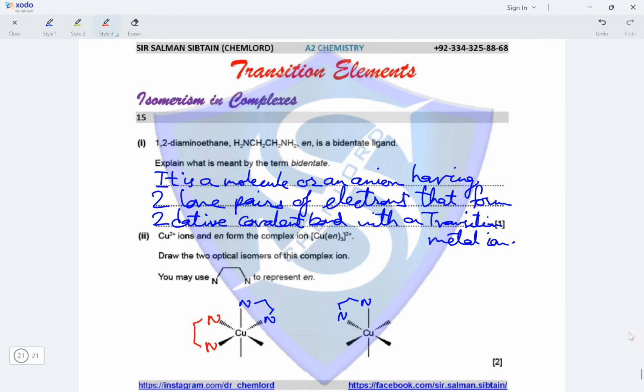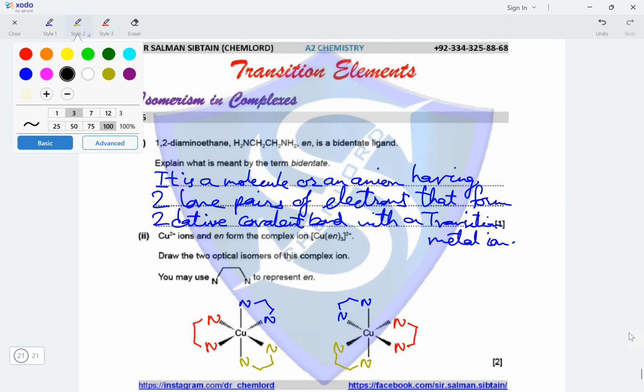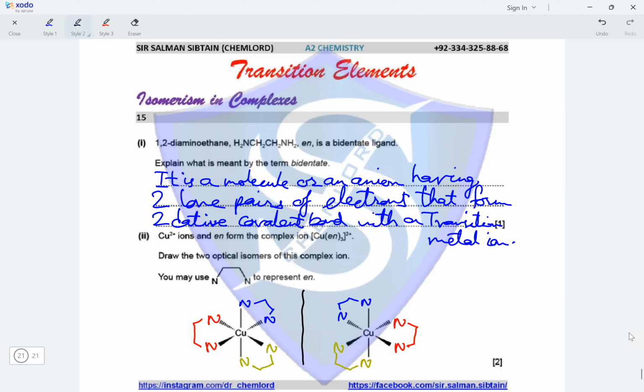So the first en has been color coded with blue, the second en has been color coded with red, and the third en has been color coded with olive green. So this way we have got two mirror images. Now in order to complete the complex, let's draw the mirror and the square bracket with the two positive charge on the outside so that the entire complex diagram is complete.